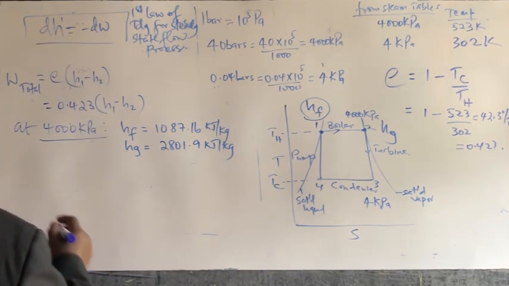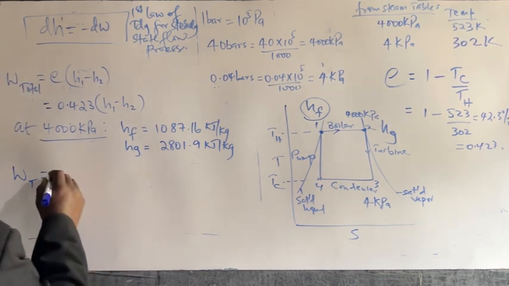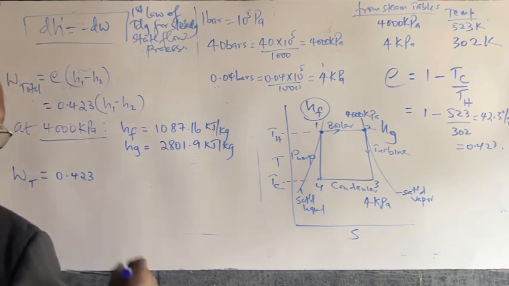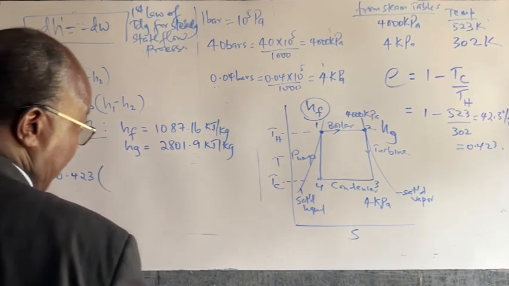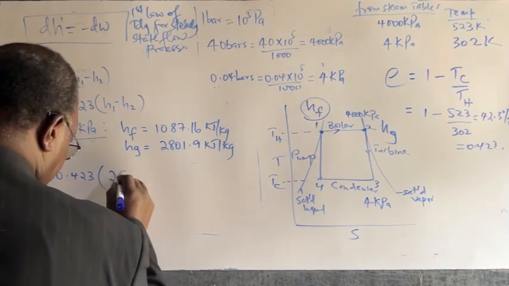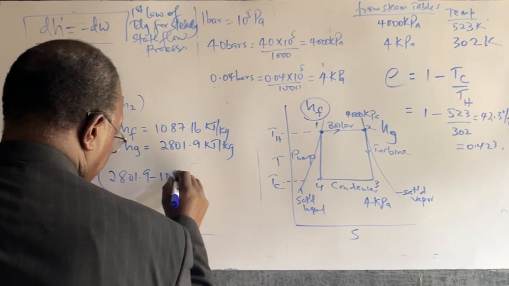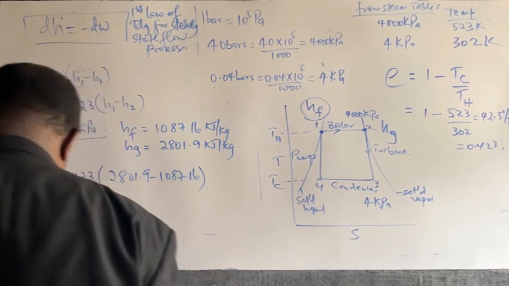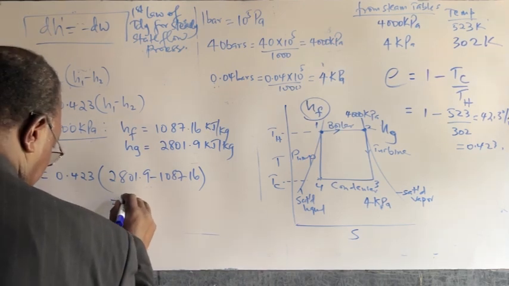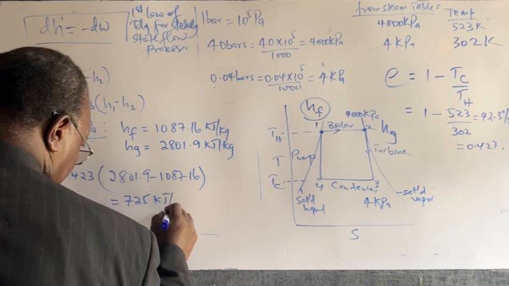And so W total, which I call T, will therefore be the efficiency, that's 0.423, into 2801.9 minus 1087.16 kilojoules per kilogram, and that equals 725 kilojoules per kilogram.